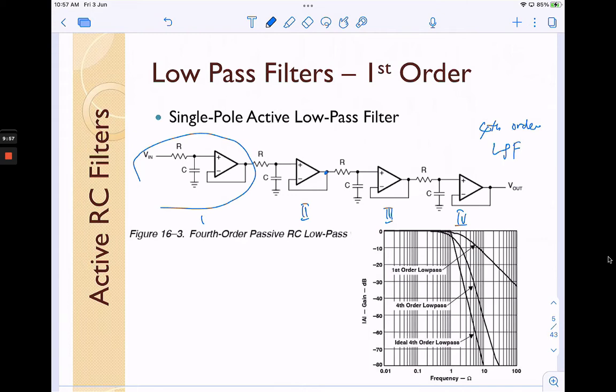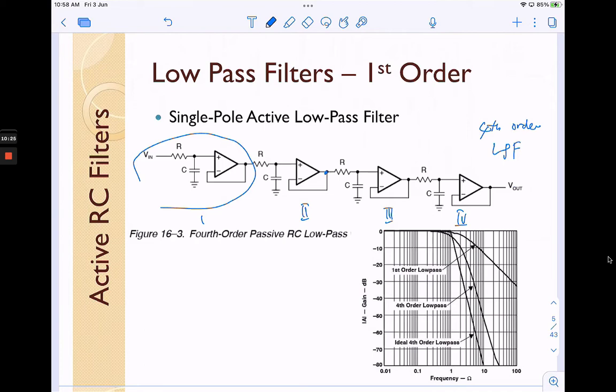The roll off rate will be increased from negative 20 decibel per decade to negative 40 decibel per decade for the second order low pass filter, and then further to negative 60 decibel per decade and negative 80 decibel per decade for the third order and the fourth order low pass filter. Okay.